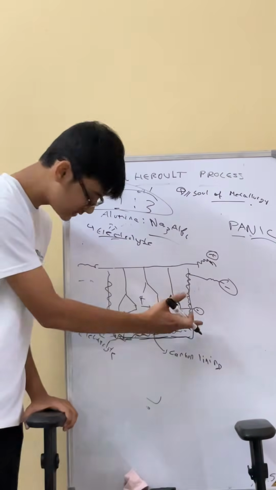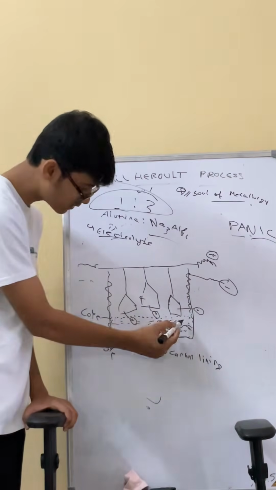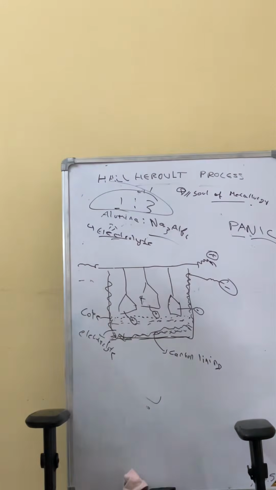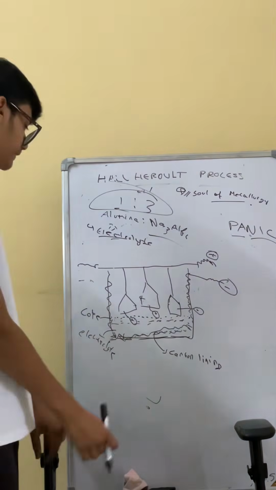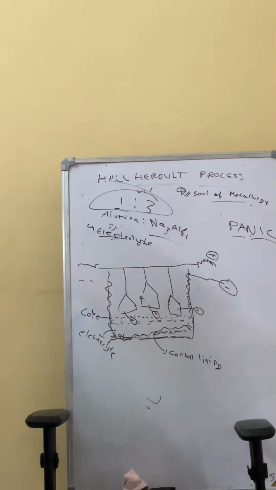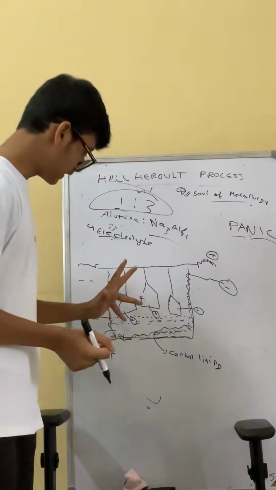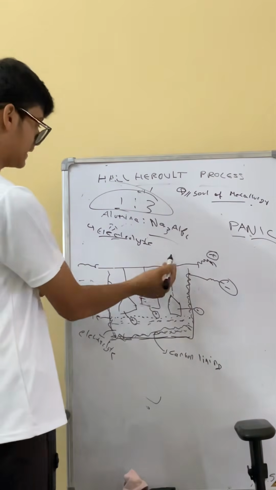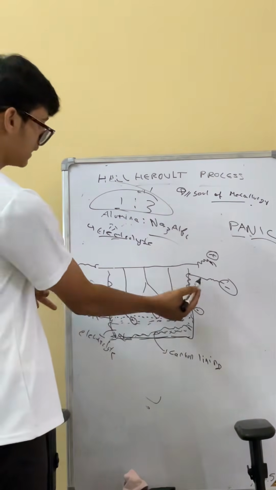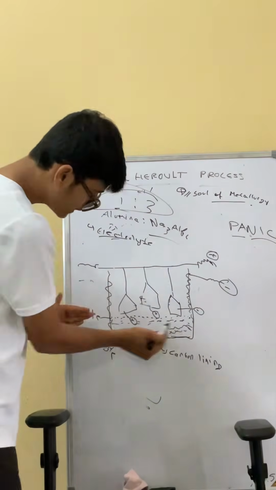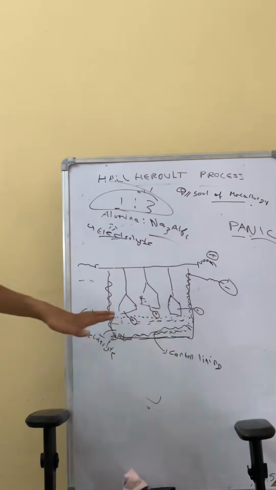You can see this slope, so that all of the aluminum is extracted from here. Getting the point? Na3AlF6 plus alumina. These are the anodes, connected to a positive terminal. This is the cathode, this vessel, which has carbon lining.